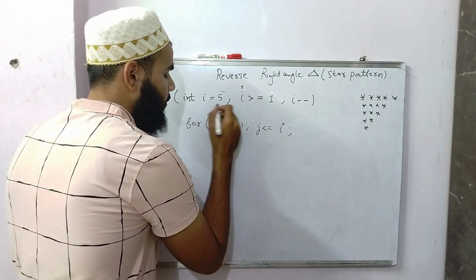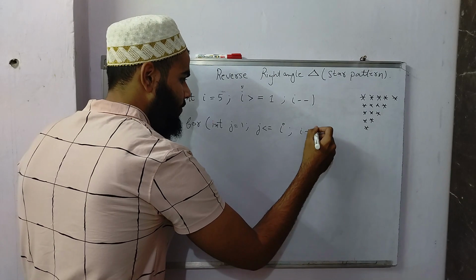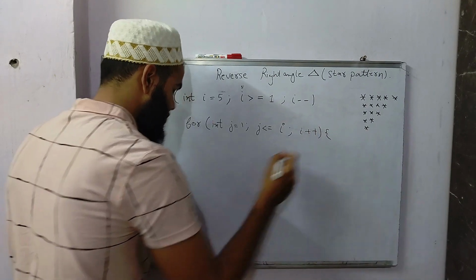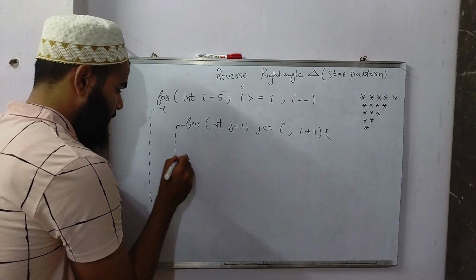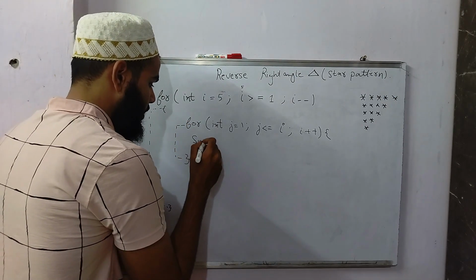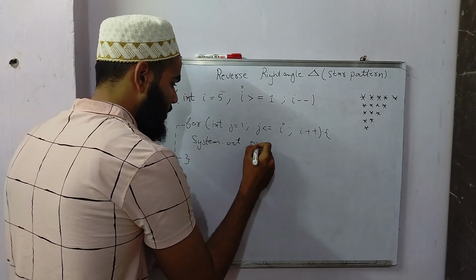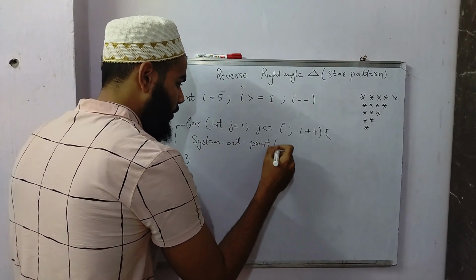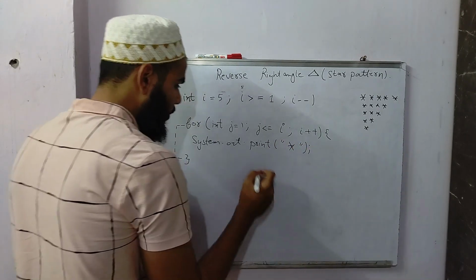We have to write i here because we initialized i there, and j plus plus. Let's close the body of this inner for loop, and write the printing statement, System.out.print. I'm not writing println, so please take note of that point.